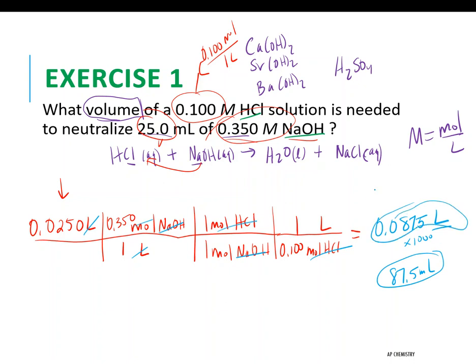Now, the question posed was about using M1V1 equals M2V2. That's not really the equation here. This is the dilution equation. You could technically use the modified one where it's NA, MA, VA equals NB, MB, VB.